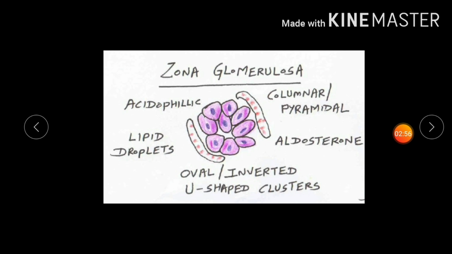Within the pyramidal or columnar cell, you will find a spherical nucleus and cytoplasm which is acidophilic in nature, so you will see a bright pink color. Within the cytoplasm you will also find lipid in the form of droplets.